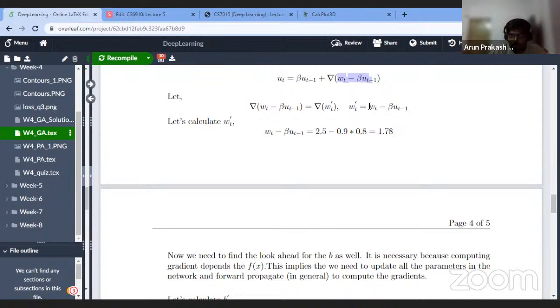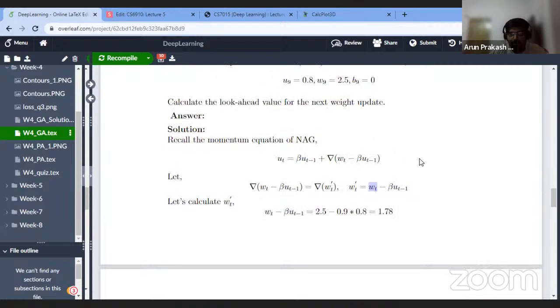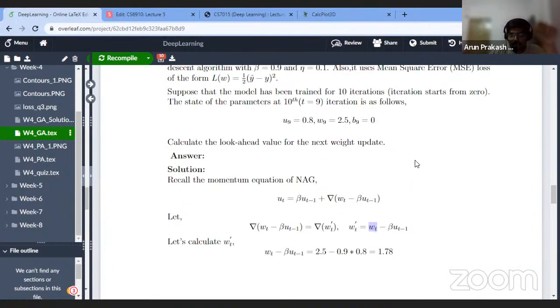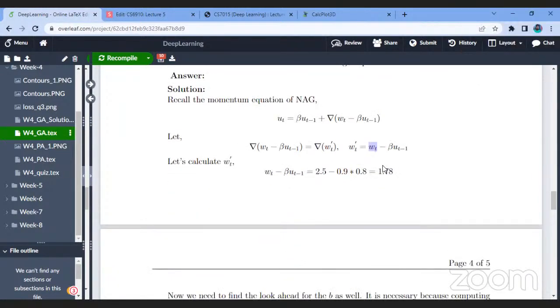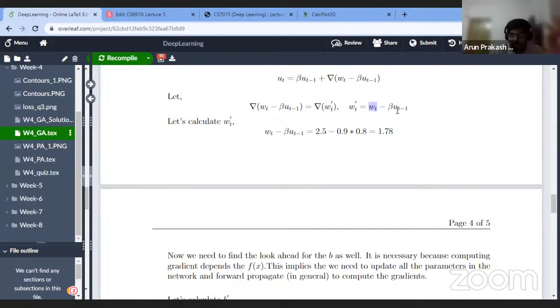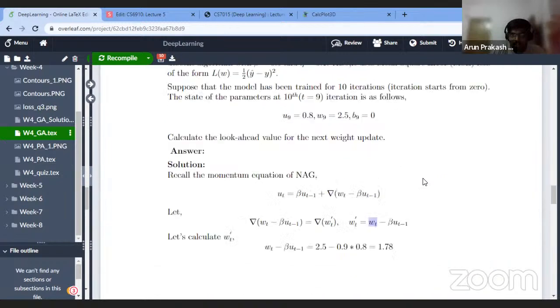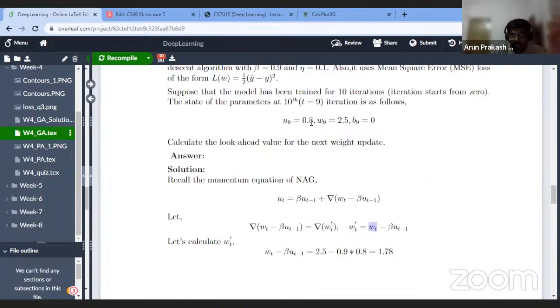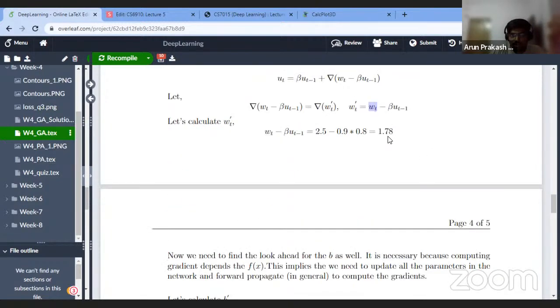I'm just substituting the current w_t value, which is 2.5, since I asked you to compute at the 9th iteration. The beta value is constant, 0.9, and u_(t-1) is also given, so it is 0.8. So it's 1.78.